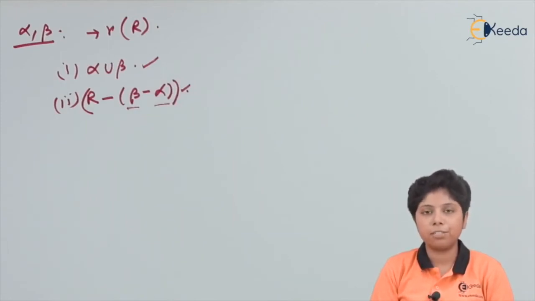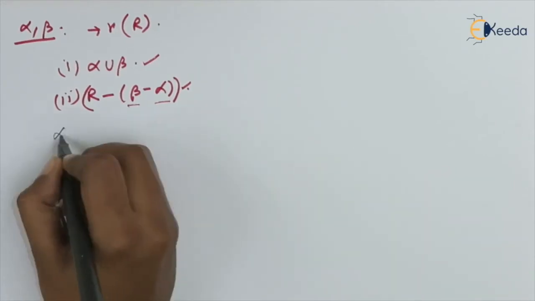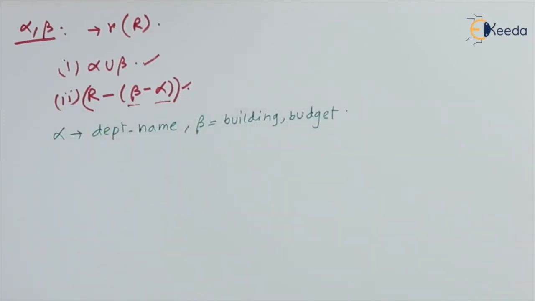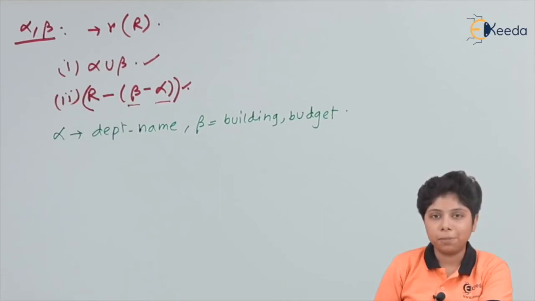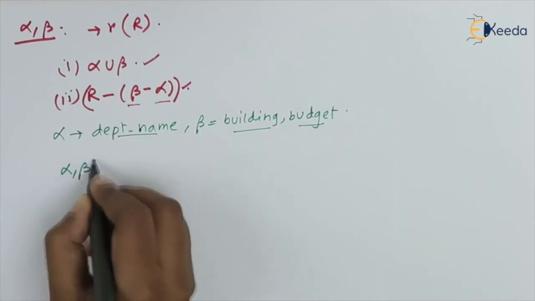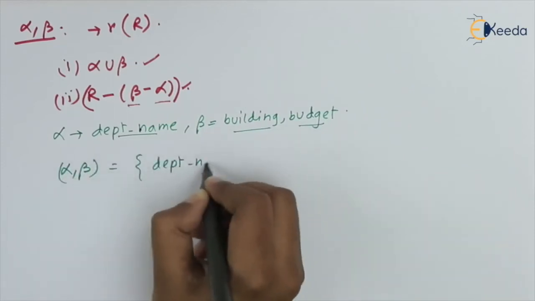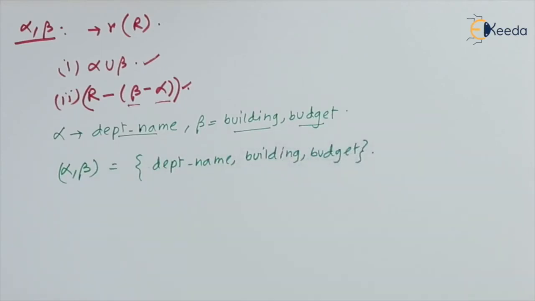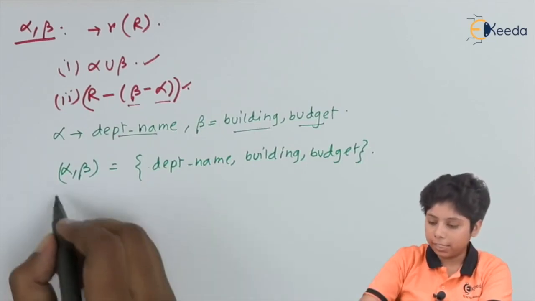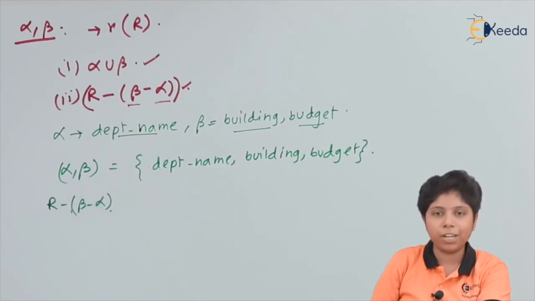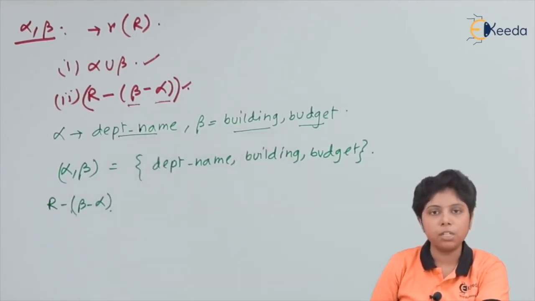So again for our instructor and department, if we make the decomposition, alpha union beta will be department name, building and budget. And if we go for the second one, that is R minus (beta minus alpha), beta minus alpha is null because beta and alpha are different.